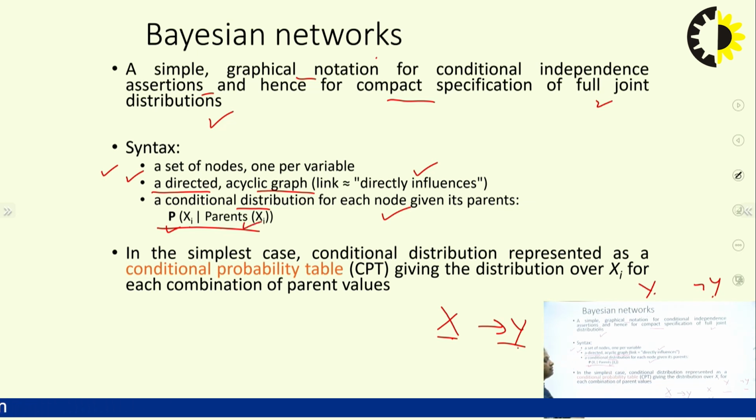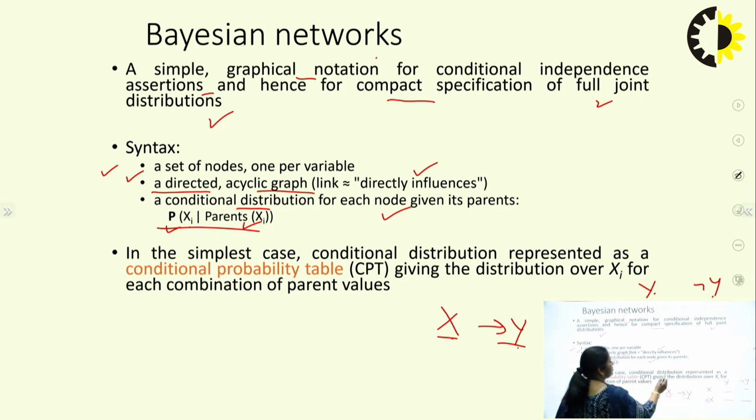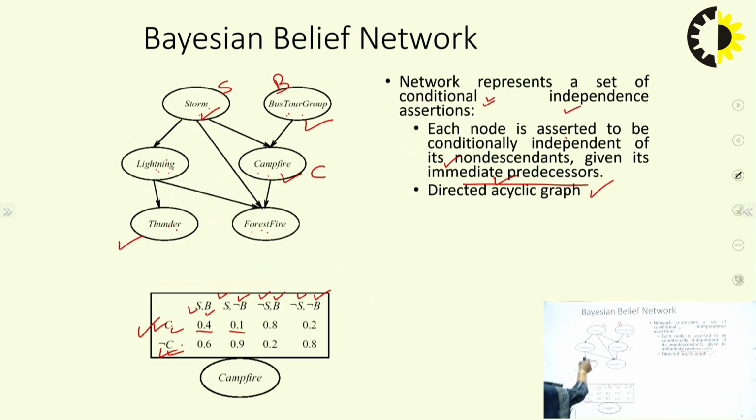In the simplest case, a conditional distribution is represented as a CPT, a conditional probability table. We said that it is a compact specification of the full joint distribution, and we have seen on one of our examples also, campfire, not of campfire, bus tour, and other was storm.